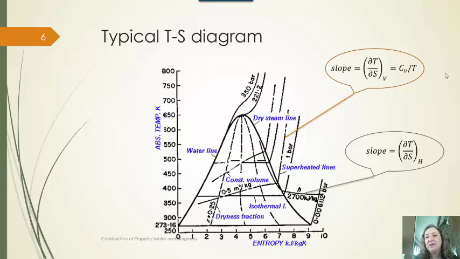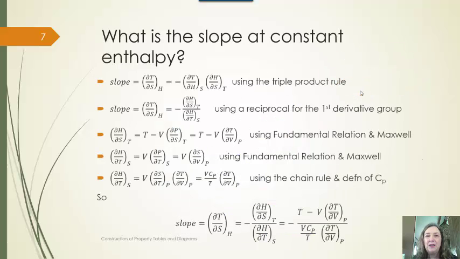Now, we know how to calculate these slopes because we had that other work. We've worked with fundamental relations and Maxwell's. So, for instance, if we wanted to know the slope for that constant enthalpy line, the slope is dT/dS at constant H. When I have an energy down here, this is one of those times when I use the triple product rule, because Maxwell relations and fundamental relations never hold an energy term constant.